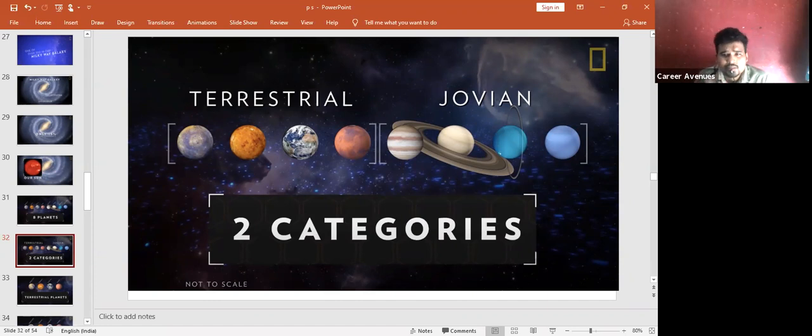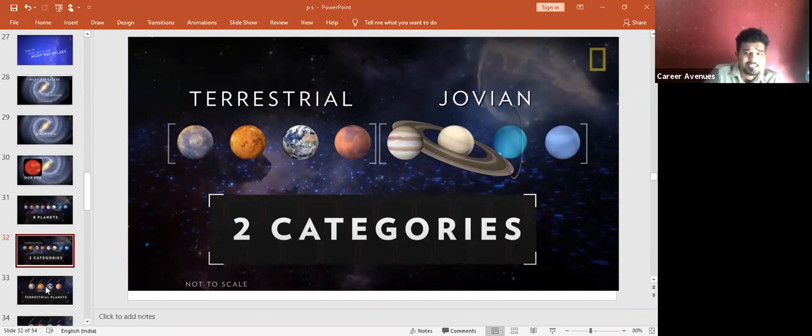One more thing, the Jovian planets have a lot of satellites around them, meaning the number of moons around them is very high. In the case of terrestrial planets it is less, and there is no moon at all in the case of Mercury and Venus. So this is the difference.